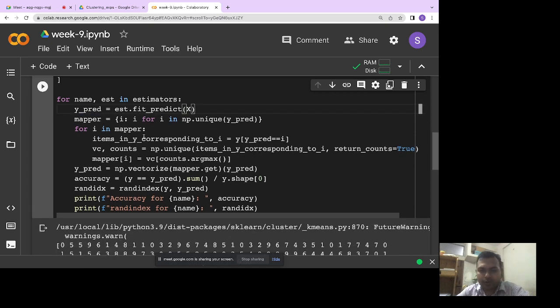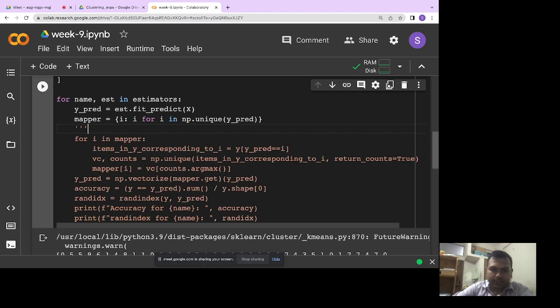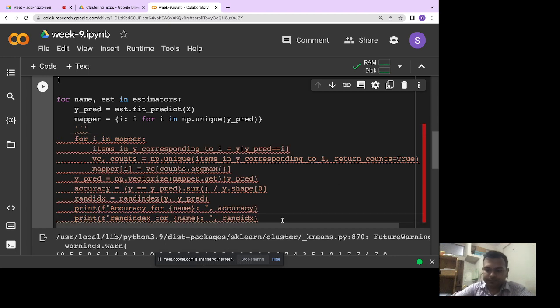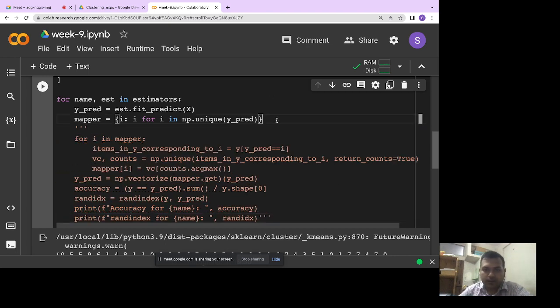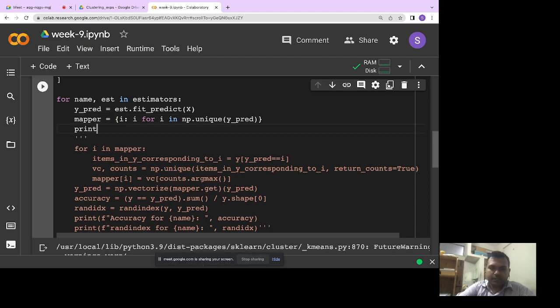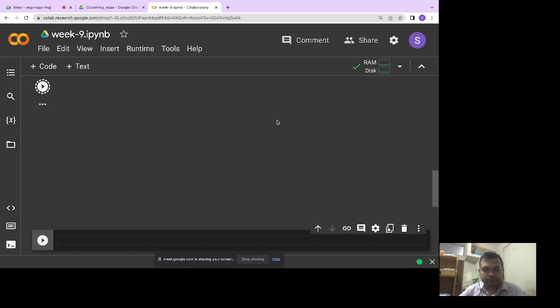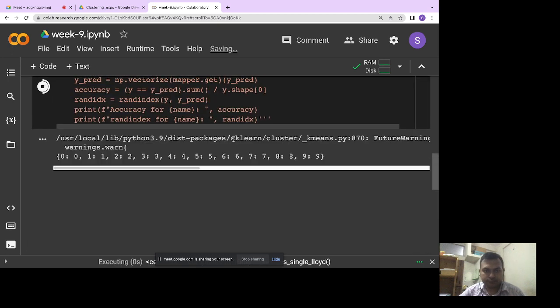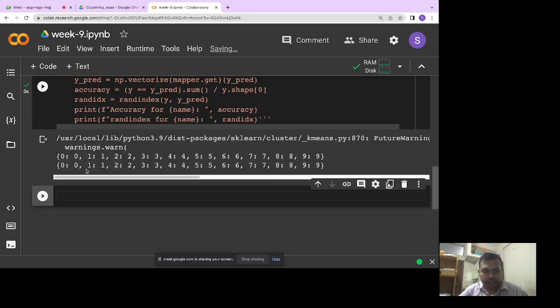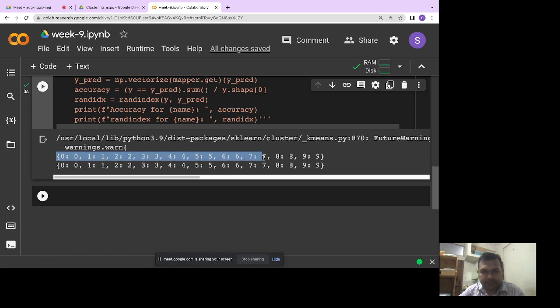So I hope you are all aware of the data structure dictionary in Python. So let's print this. Yeah, so this is a very simple dictionary.